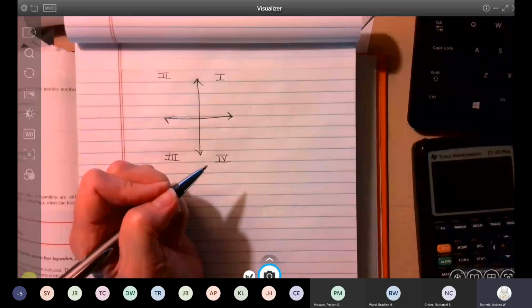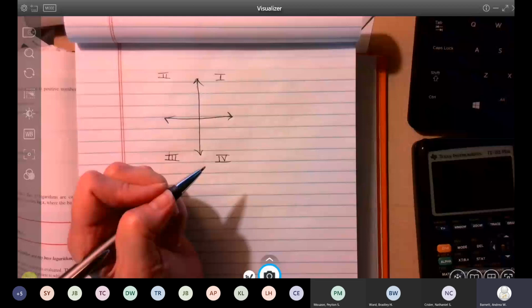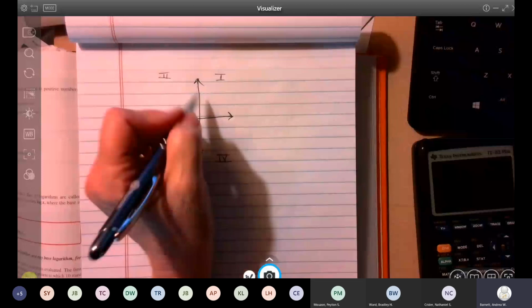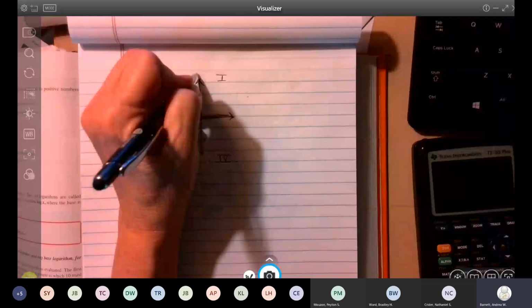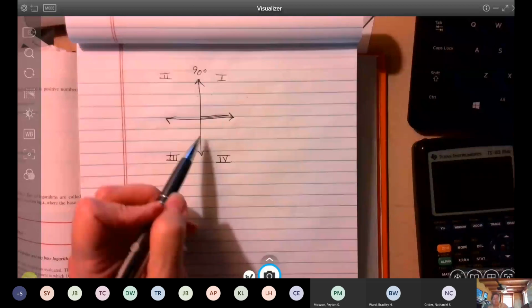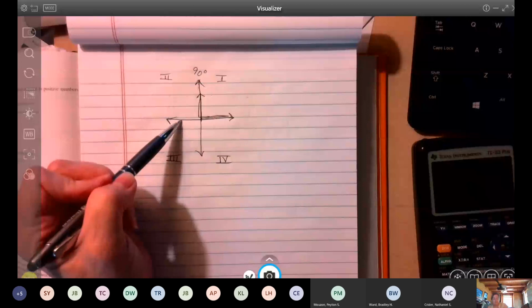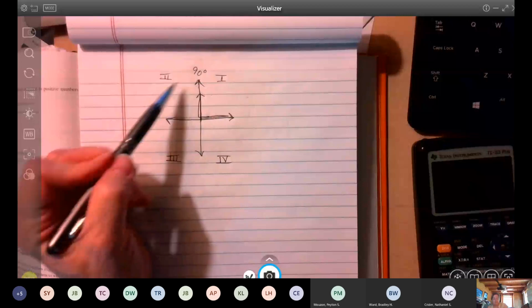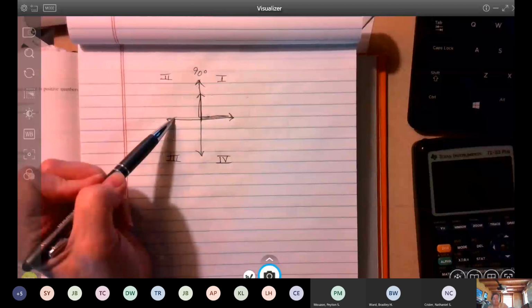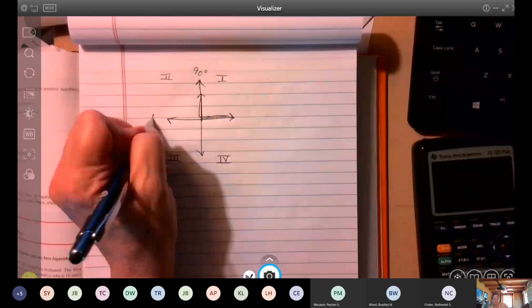So if we know we're starting here, quadrant 1 is going to have any angle that is between 0 and 90 degrees, because we know that this makes a 90-degree angle. We know that any angle in quadrant 2 is going to be between 90 and 180 degrees, because the straight line is 180 degrees.